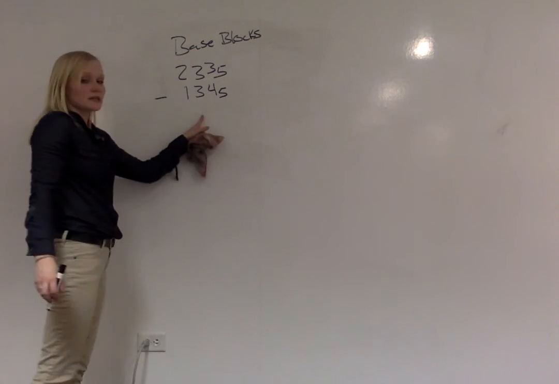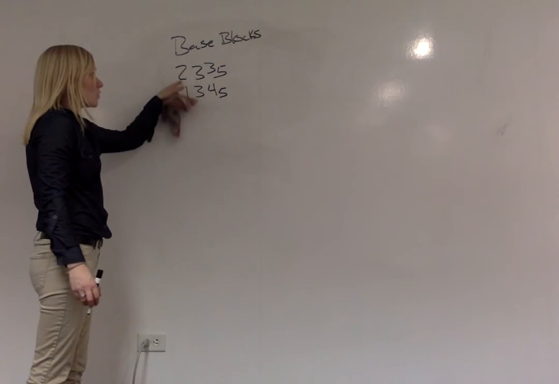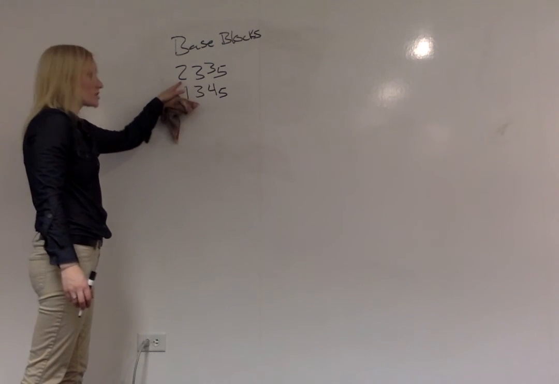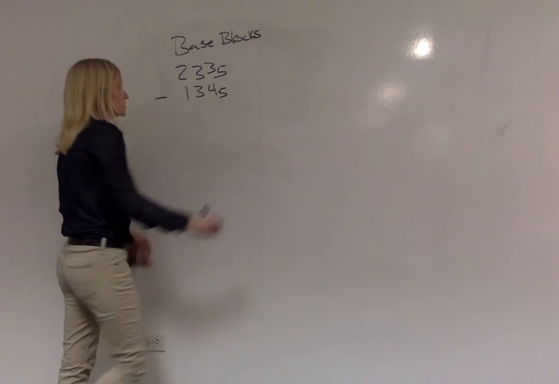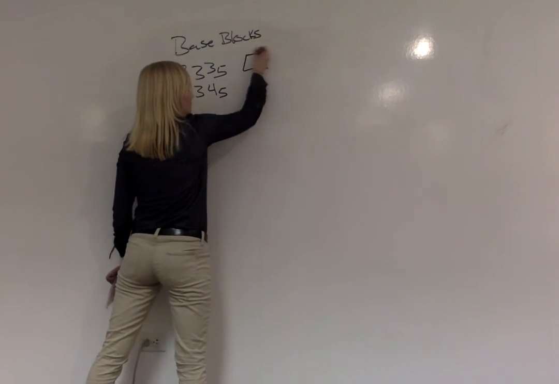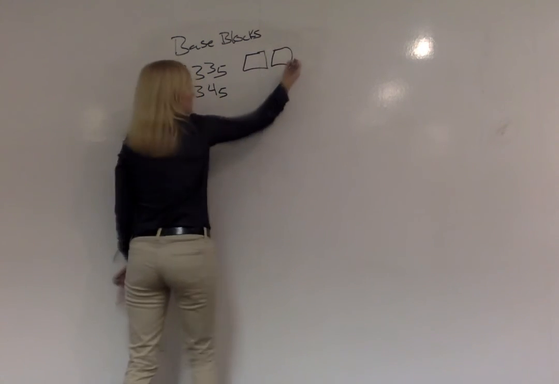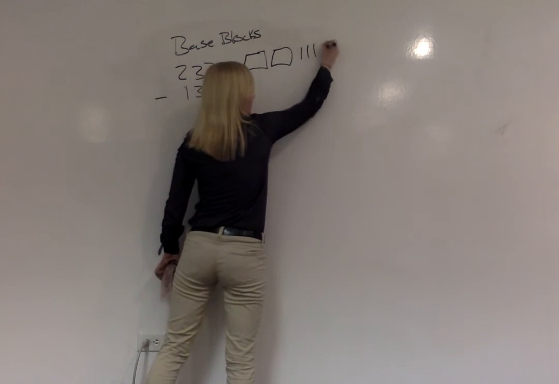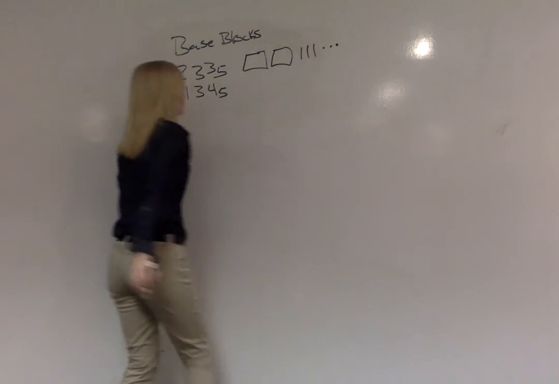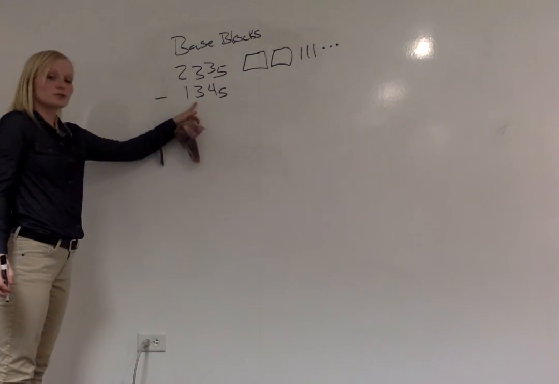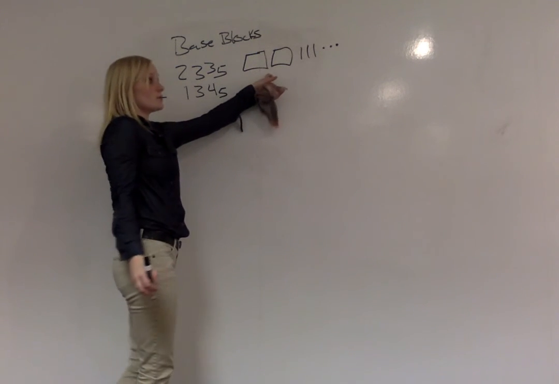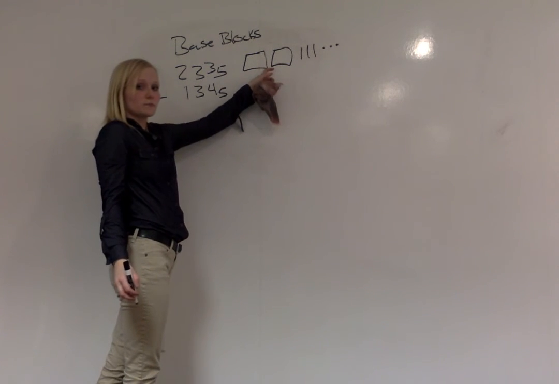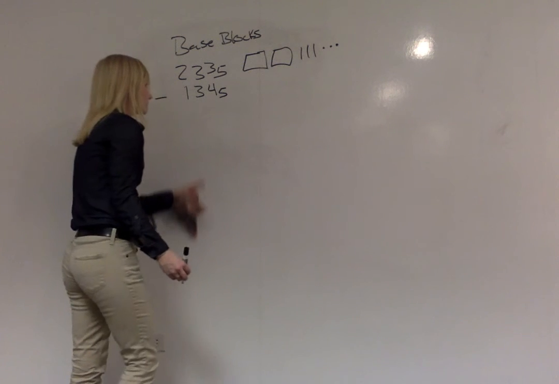However, in the base blocks of subtraction, we only write the first equation. So we have 2 flats, 3 rods, and 3 units. And then we subtract this number from the original base block model.